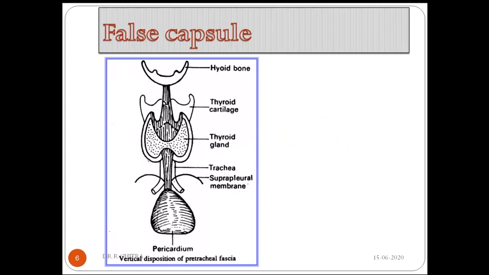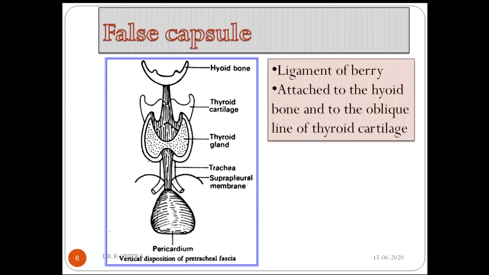So in this picture, you can see the pretracheal fascia and its extent. This pretracheal fascia, if you trace it above, after attaching to the gland, it is attached to the hyoid bone in the midline, and also to the oblique line of the thyroid cartilage.